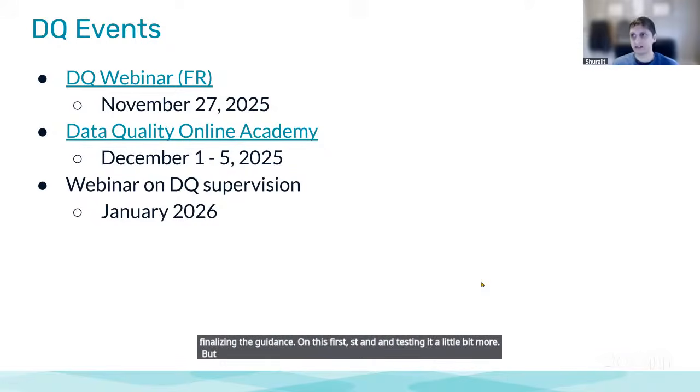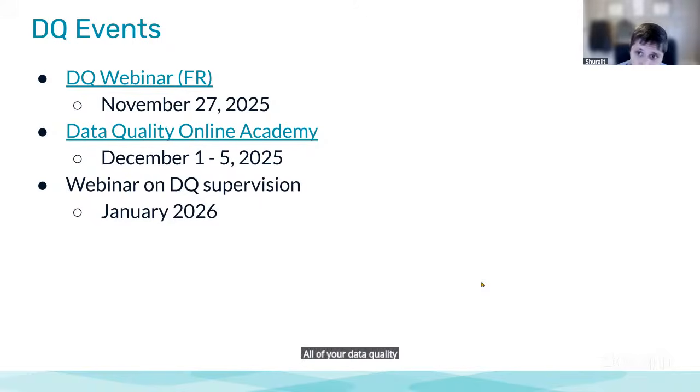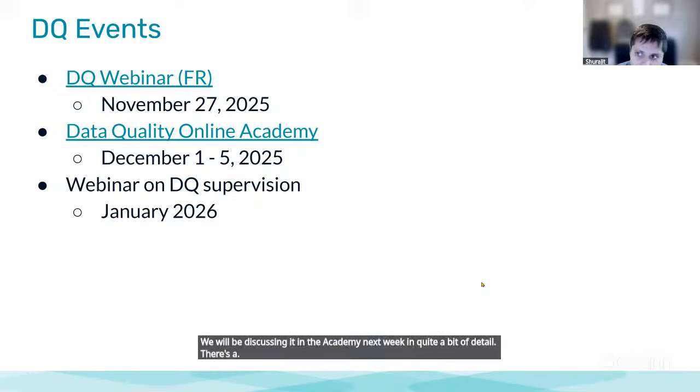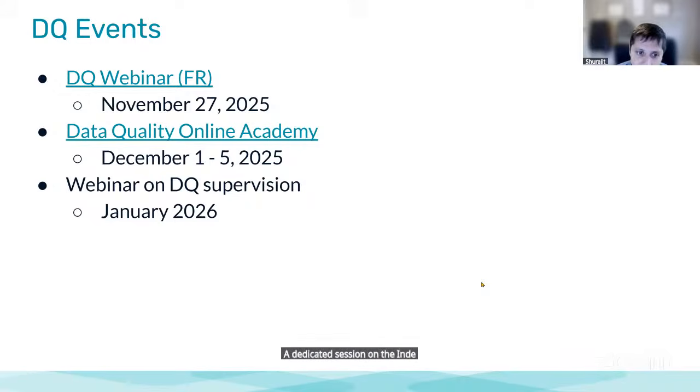What this index calculation does is summarize all of your data quality inputs and give you a summary output, whether it's by program or for your entire system. We will be discussing it in the Academy next week in quite a bit of detail. There's a dedicated session on the index, so that would be one place to learn more about that. We will also be releasing guidance on that at some point next year as well.